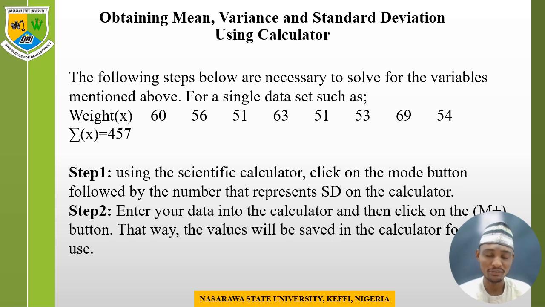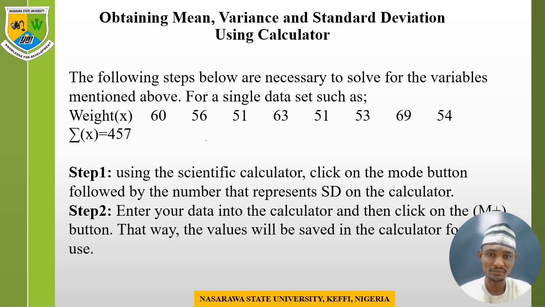For instance, if you have observations like this, you can make use of the calculator in order to obtain your mean, variance, and the standard deviation. Now just follow the steps and you can obtain them as listed above.